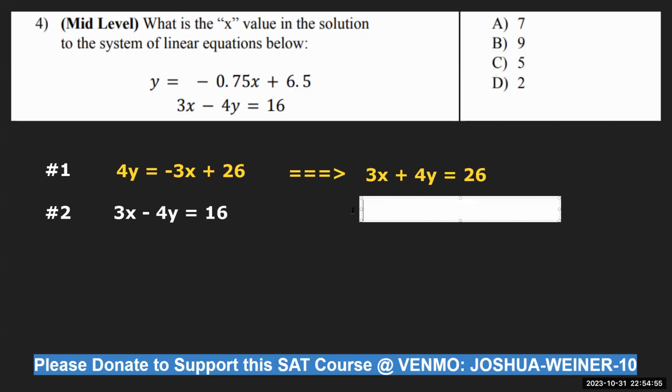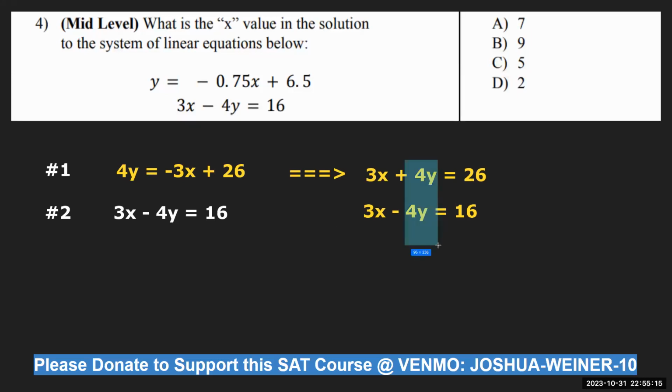I'm going to move over equation number 2, which is already written for us in standard form. And then, just like we mentioned in previous lessons, if you've been following my course, we can do the SAT shortcut where you add or subtract the 2 equations, and it'll cancel a variable. Here you can see this column will cancel if we add the 2 equations together.